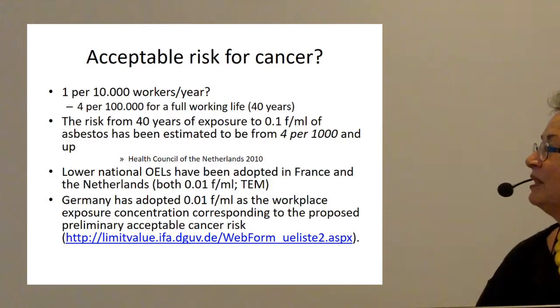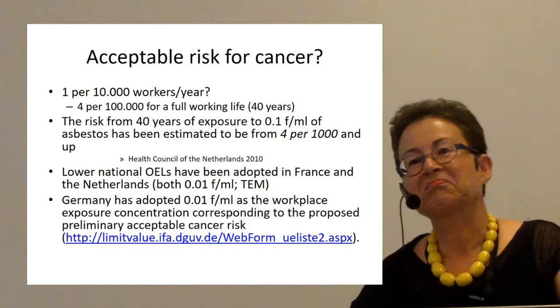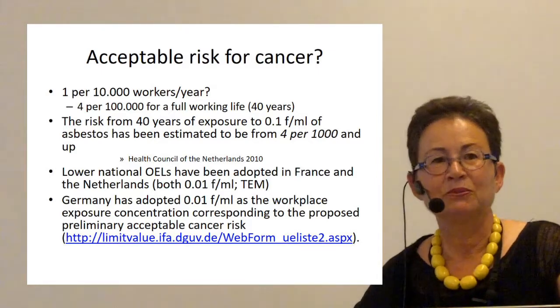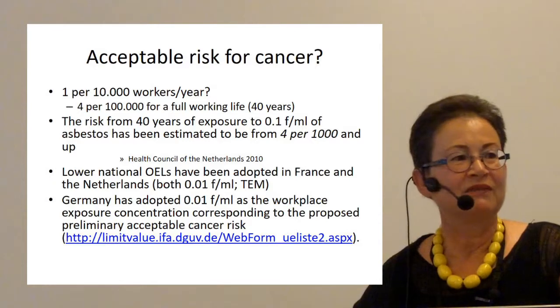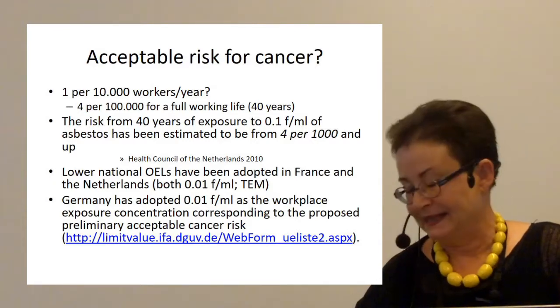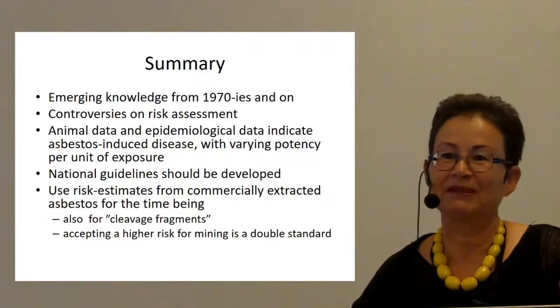And Germany has adopted the same concentration as a preliminary acceptable cancer risk level. So this means that, risk-based, we would strive to achieve exposure levels which are much below what is currently permitted in most countries.